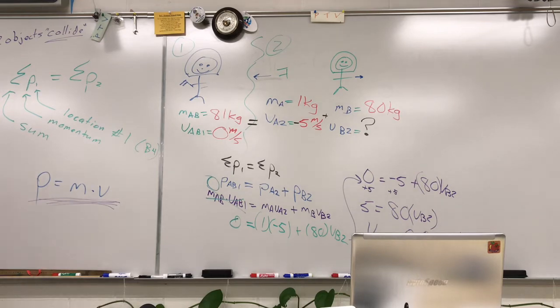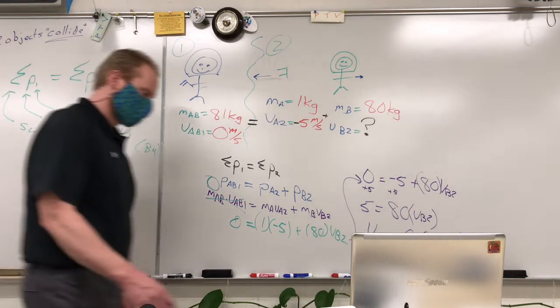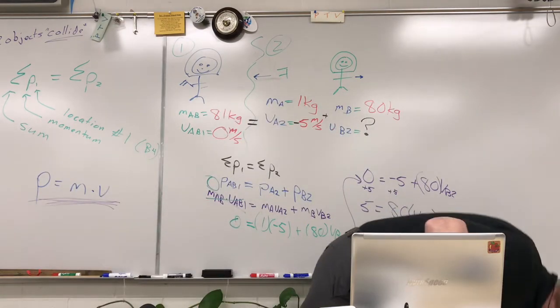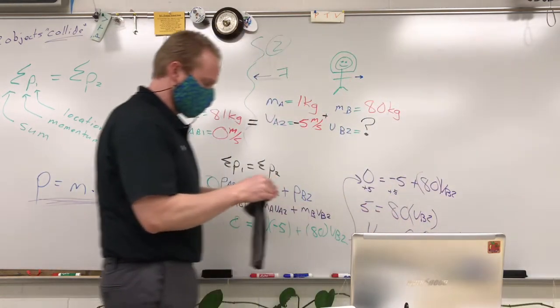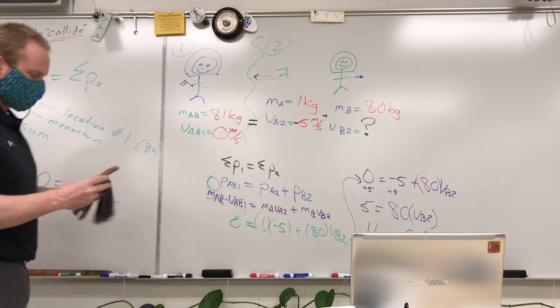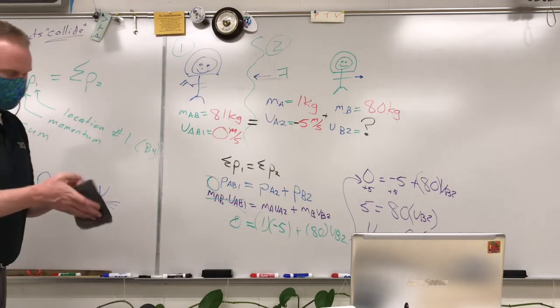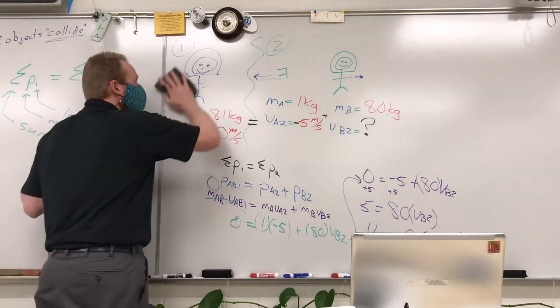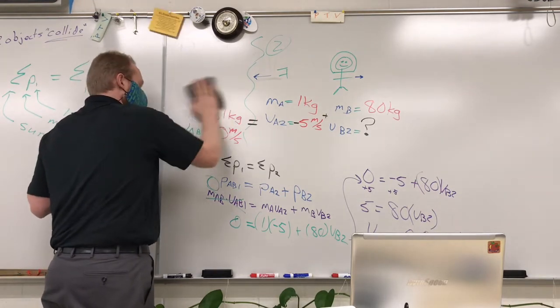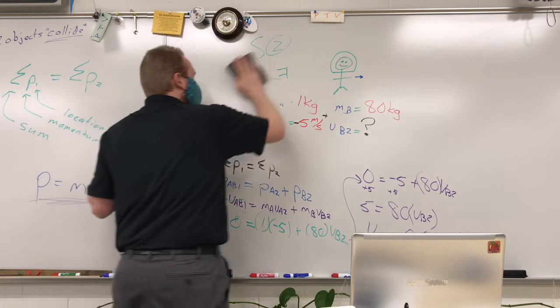Draw a picture, label masses and velocity for each object at each location. And then once you have that done, I feel like these problems go pretty well from there.